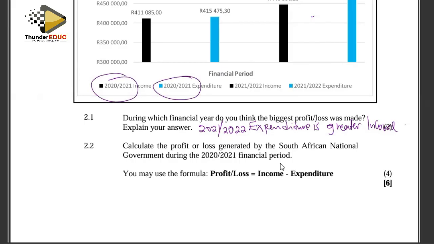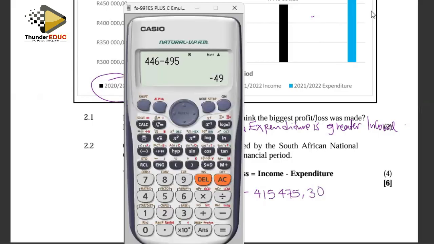So the income, it was 411,085 minus 415,475. So use our calculator to avoid wrong answers.